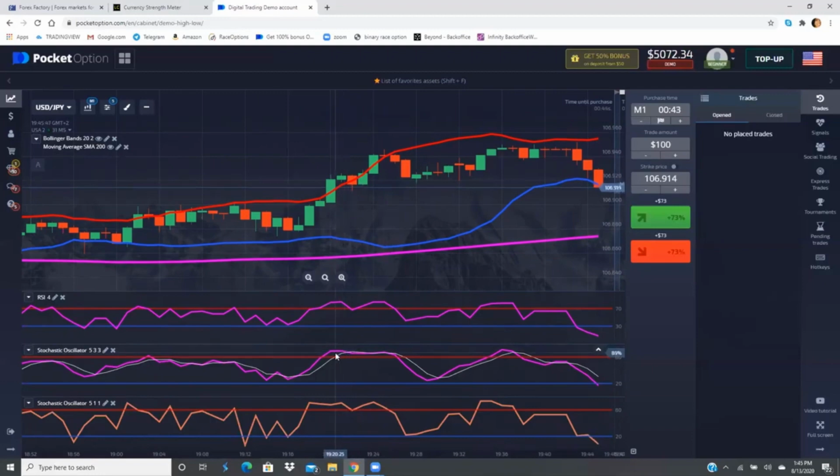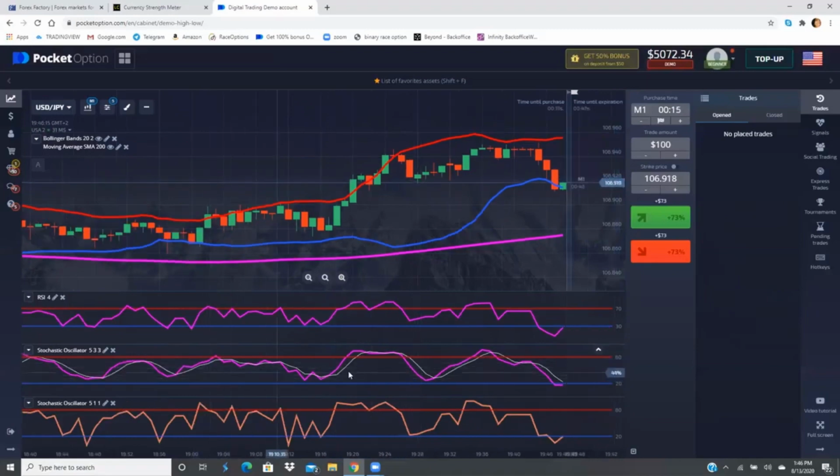In the 5, 3, 3 example, the market was overbought, and we wanted the lines to really cross each other and then turn back around. When the lines cross each other and then turn, like right here, then you want to go in for the sell down. You see, it crossed each other and turned back around down.